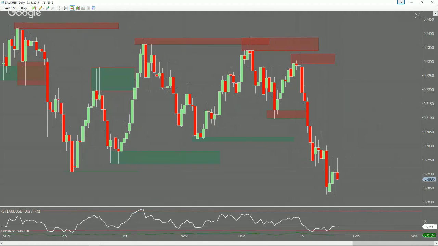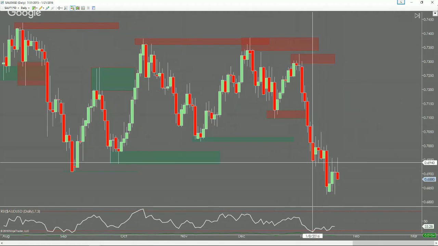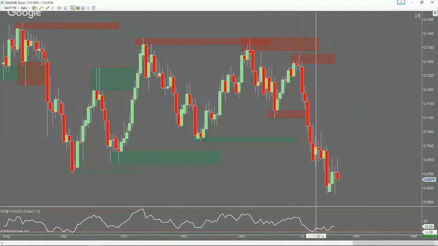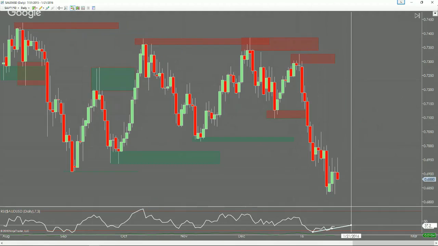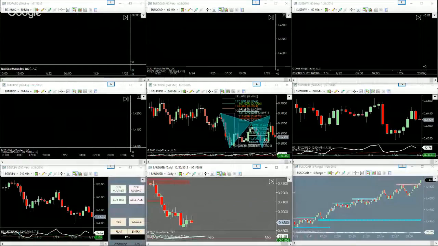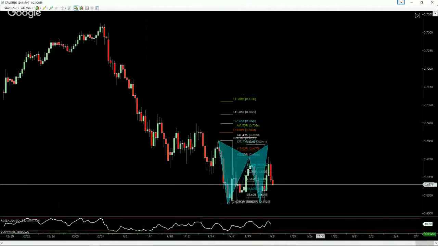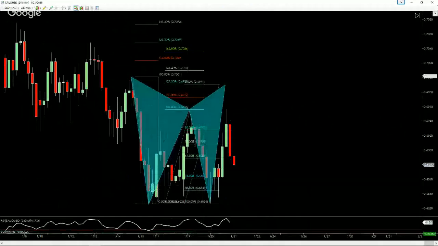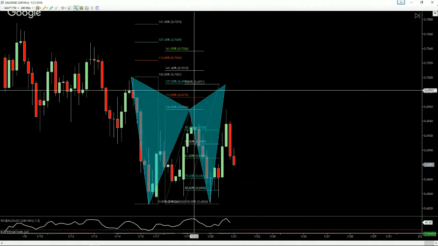We have divergence from this level of structure right here, and we could possibly continue to have that divergence in our RSI. So let's go down to 240. On the 240, we still have that Gartley pattern that we identified.